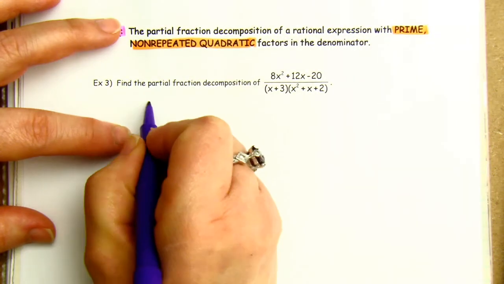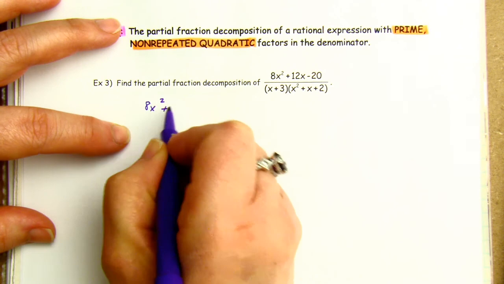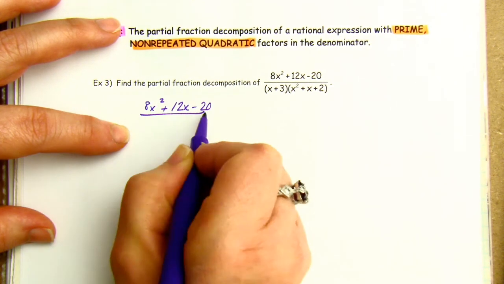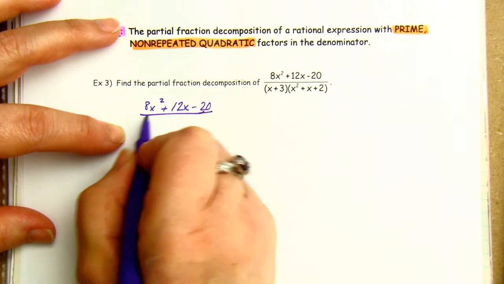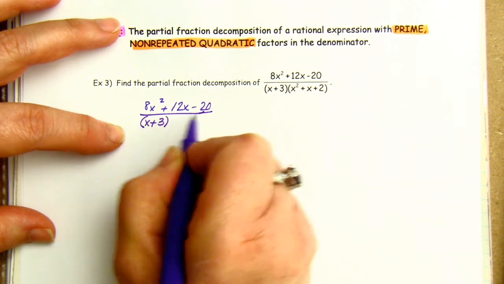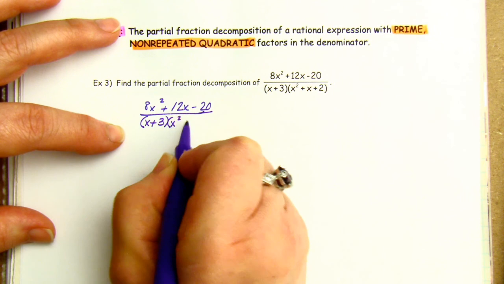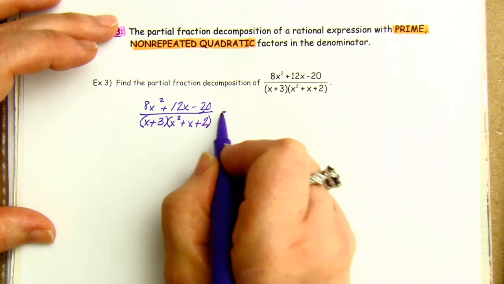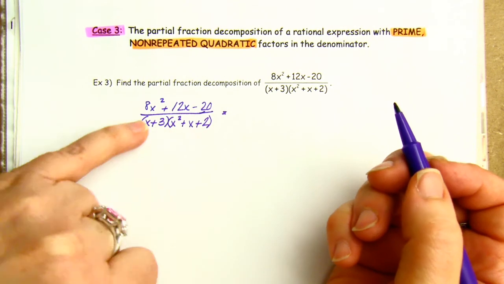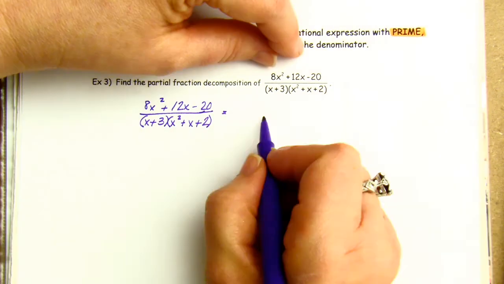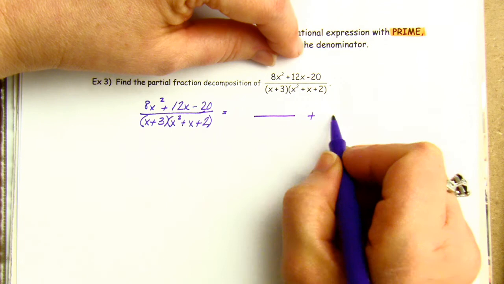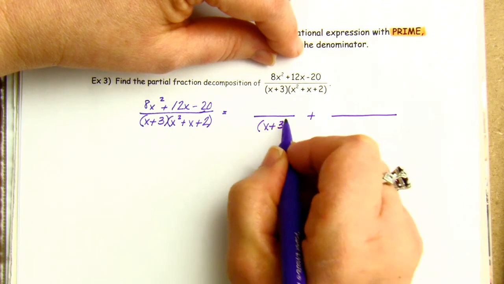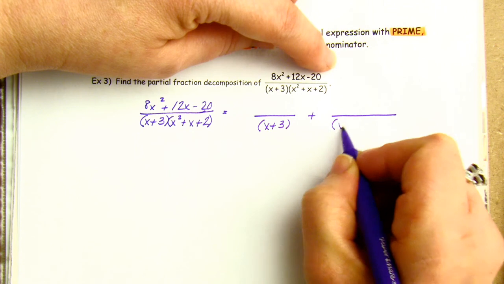So 8x squared plus 12x minus 20 over x plus 3 times x squared plus x plus 2. I need 2 fractions. I have 2 distinct factors. The first one is linear. The second one is quadratic.